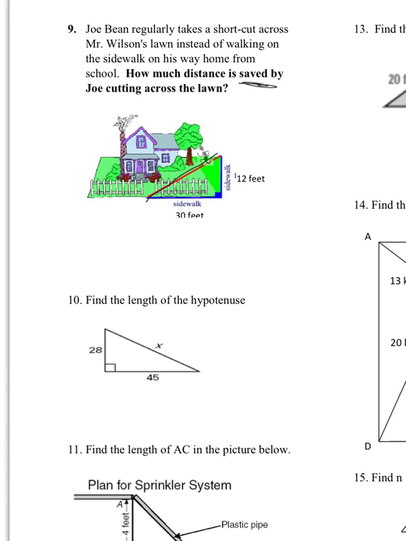So just as a little aside first, if he walked the sidewalk, he would do 30 feet across, 12 feet up, 42 feet total walking. Let's keep that in mind. Now, as far as what the shortcut length is, we would have to do Pythagorean theorem. So we're going to do 12 squared plus 30 squared equals c squared.